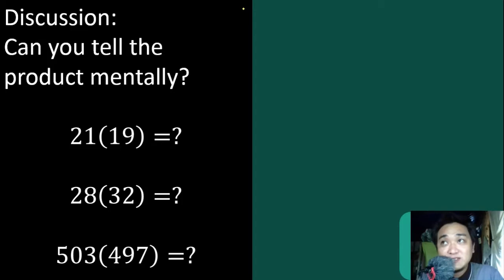Again, gagamit ulit tayo ng tulad nung naituro ko sa inyo before sa greatest common monomial factor. Gagamit ulit tayo ng increments at saka decrements. So this time sabay natin silang gagamitin. So paano ba natin yan i-express in terms of increments and decrements?